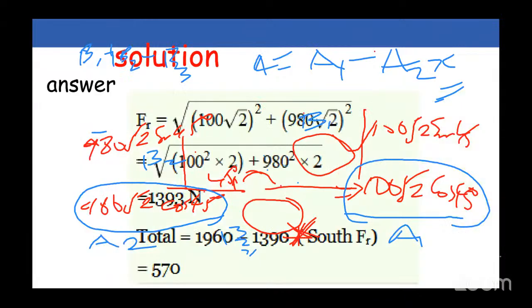So I don't have calculator with me. So this is what I was explaining to you before.